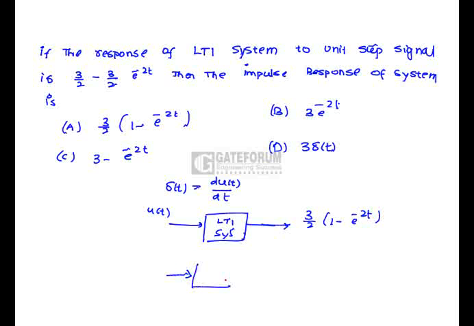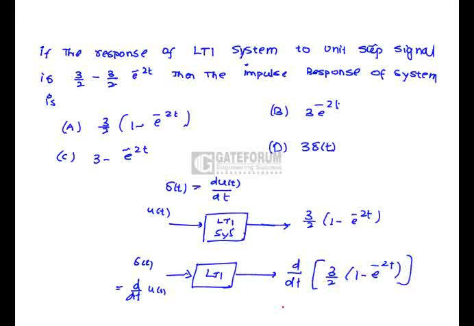But to the same system, if we give del of t, which is the differentiation of u of t, the output must also be differentiated. That is the derivative of 3 by 2 (1 minus e power minus 2t), which is equal to 3 e power minus 2t. That is, option B is correct.